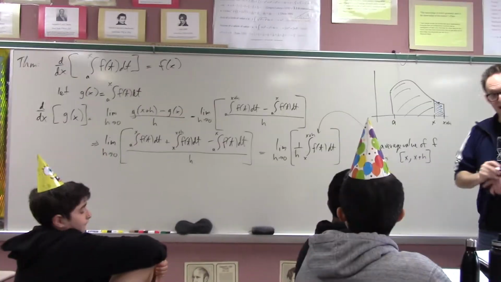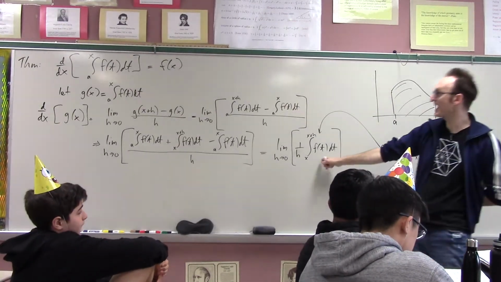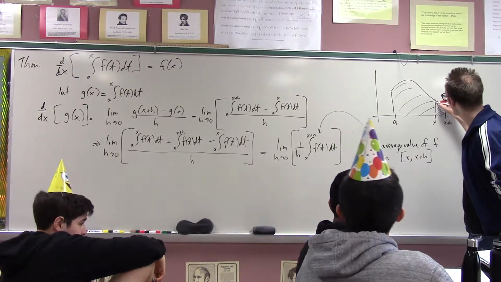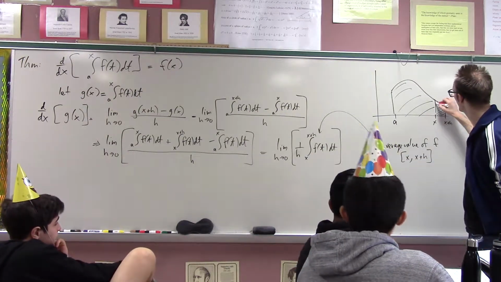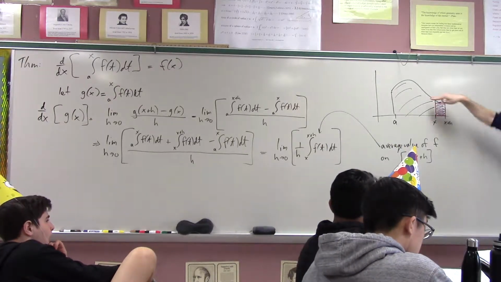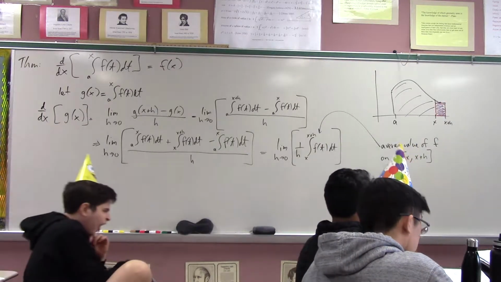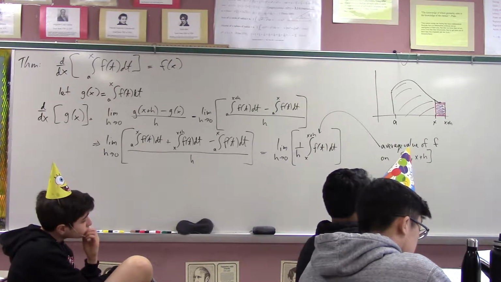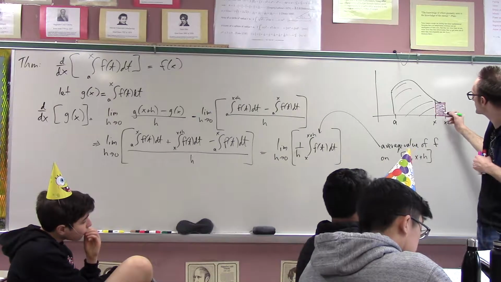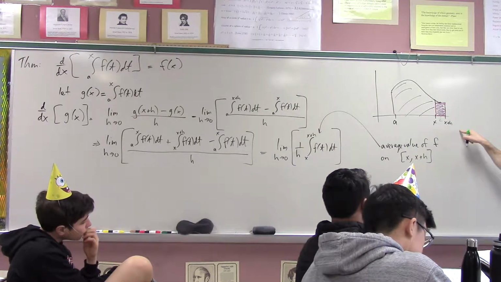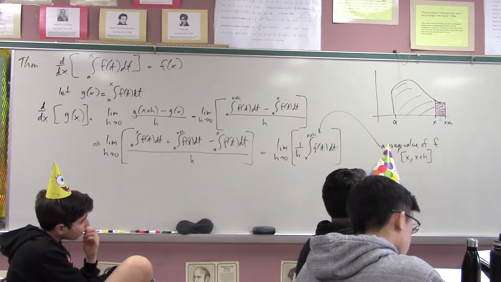What we now have is an understanding that this thing inside the brackets is the average value of this function on this interval. And now we invoke the mean value theorem for integrals to say that there is a certain point c on the interval from x to x plus h where the function has this average value.